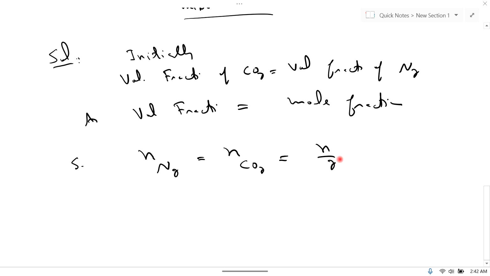N by 2 means that in total it is n, so 1 by 2 n is nitrogen and 1 by 2 n is carbon dioxide.